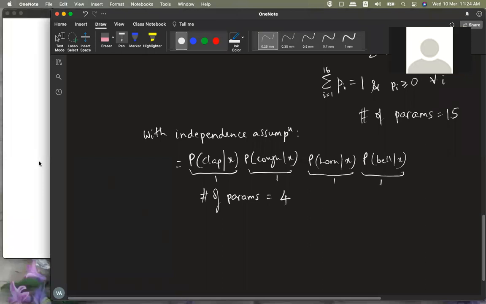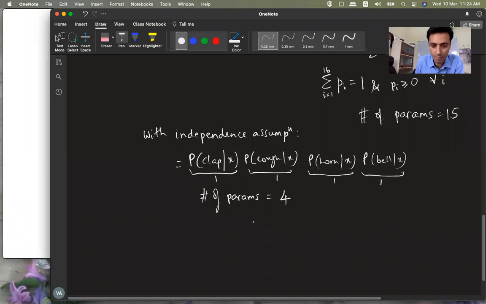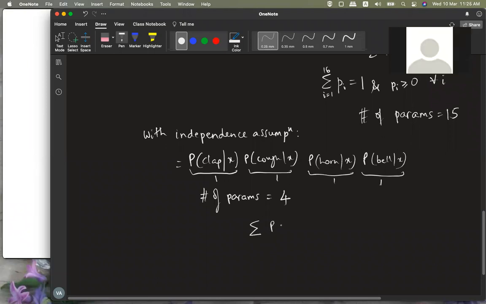Shouldn't it be 3? Because again, the constraint is that the summation should be 1. What is the constraint? Summation over the probabilities for a given x, it should be either clap, cuff, horn, or bell, and all the summation should be unity.